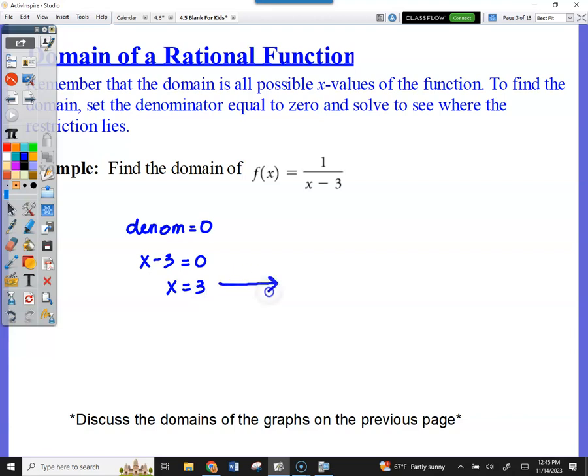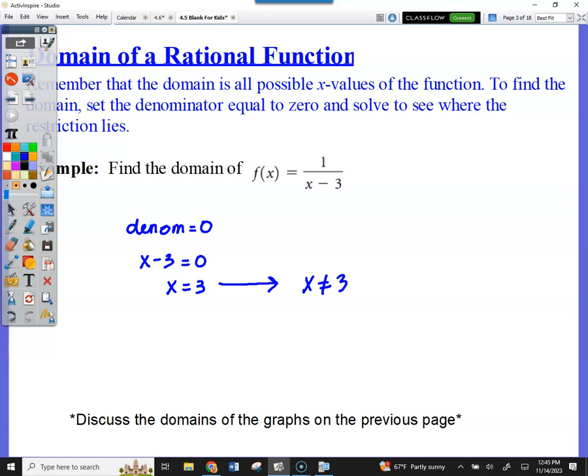Which means, y'all know how I use my arrow to say, okay, from this I am concluding that x cannot be 3, right? Because if x is 3, I get a 0 on the bottom, I have a problem. So the domain of this function is, you can plug any number you want in here. Just don't plug in 3.